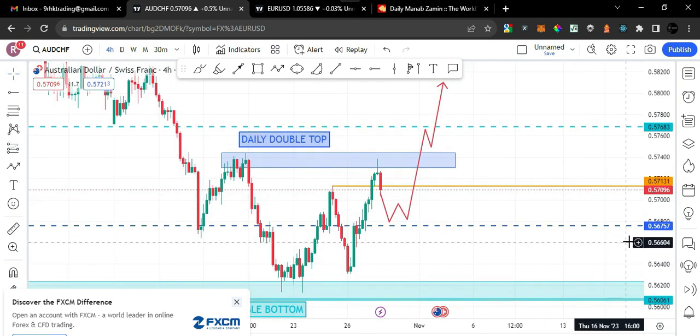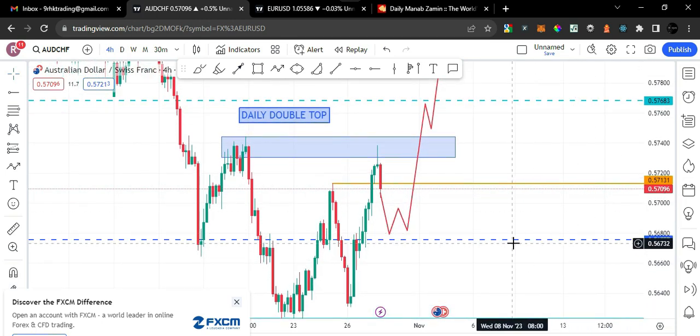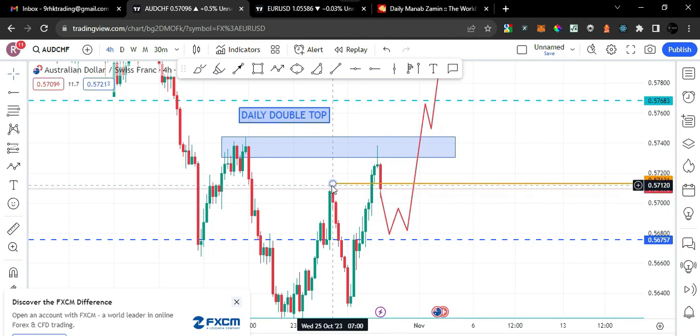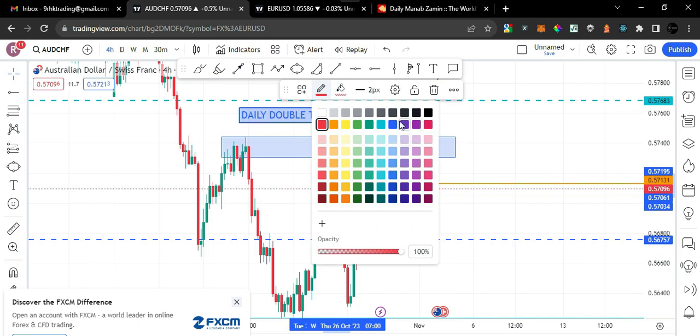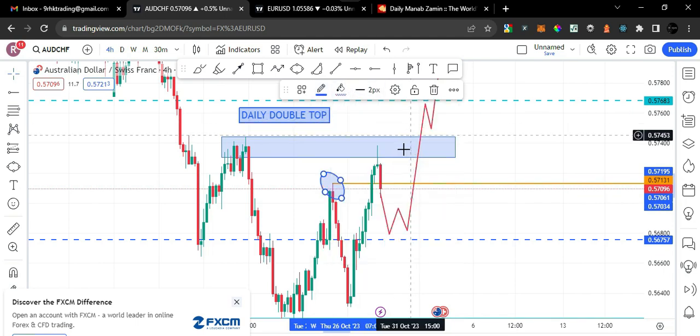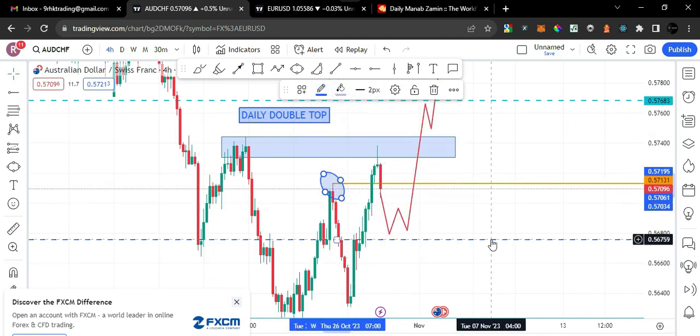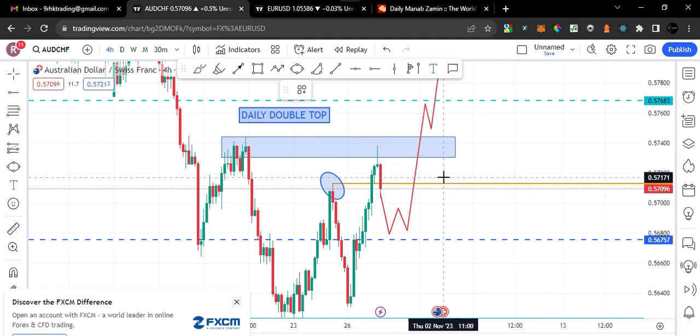The best option is this: this is the point where the price broke in 4 hours. It changes character here. The change of character has been done here.